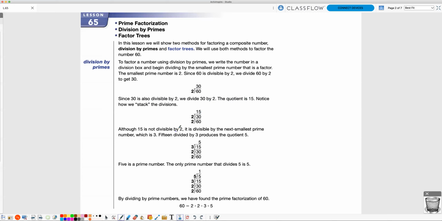Although 15 is not divisible by 2, it is divisible by the next smallest prime number, which is 3. 15 divided by 3 produces the quotient 5. 5 is also a prime number, and the only prime number that divides 5 is 5, so you end up with 1 at the top in your quotient area. By dividing by prime numbers, we have found the prime factorization of 60. 60 equals 2 times 2 times 3 times 5.